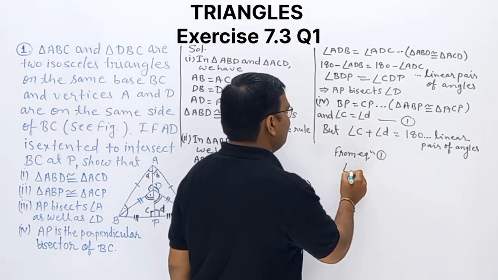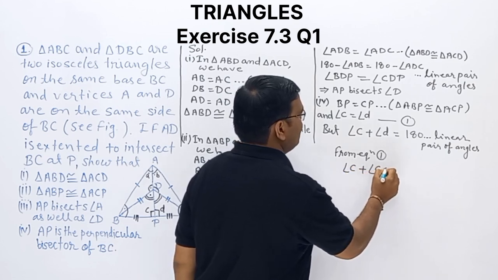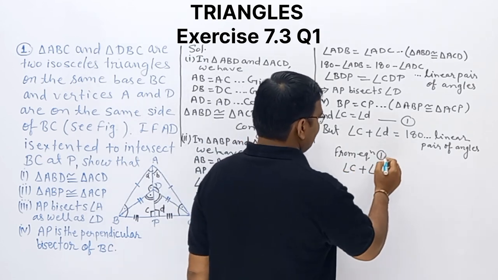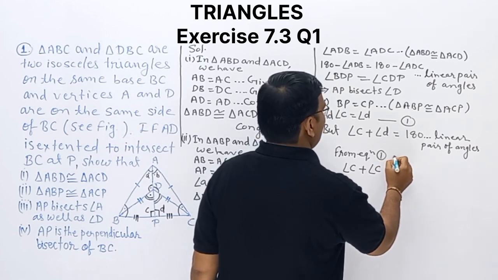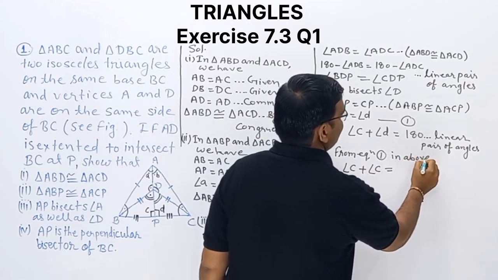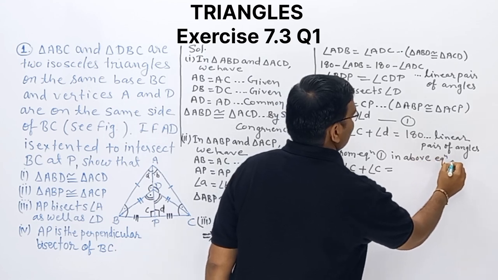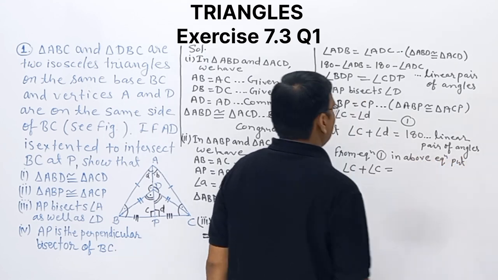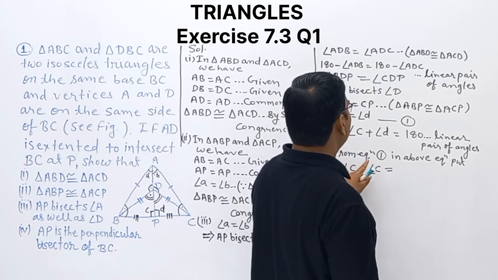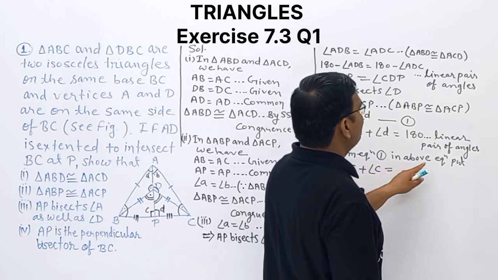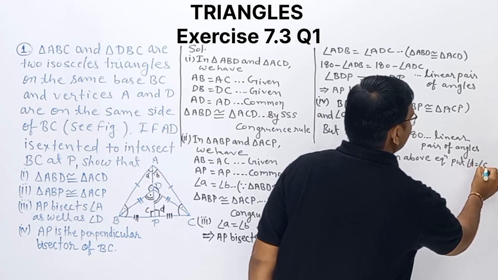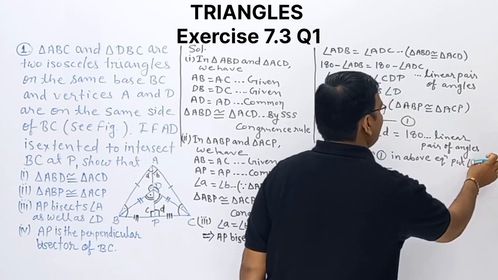Angle C plus angle C equals 180. In the above equation, put from equation 1 angle D equal to angle C. What are we putting?